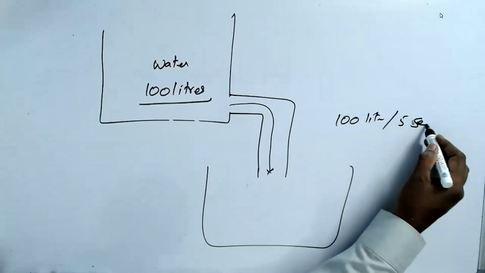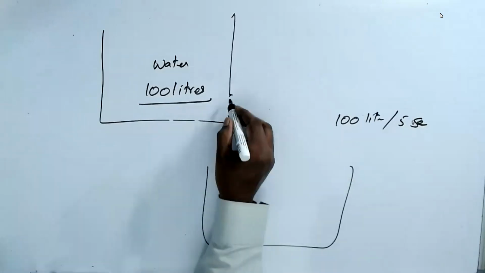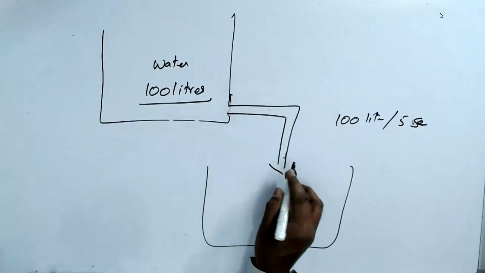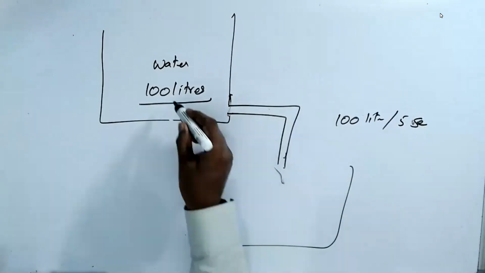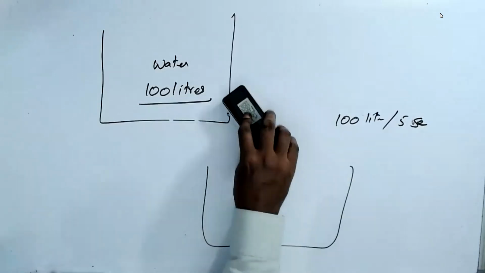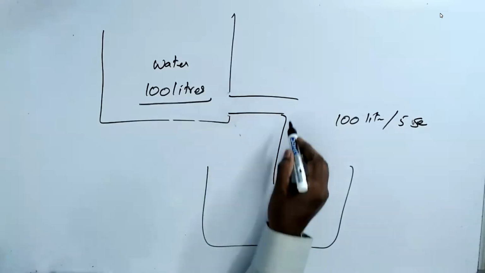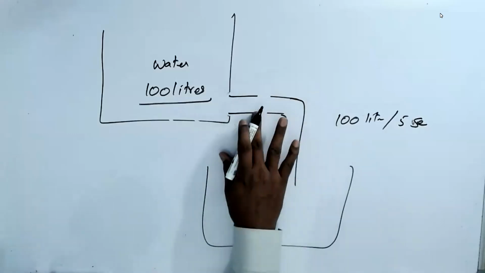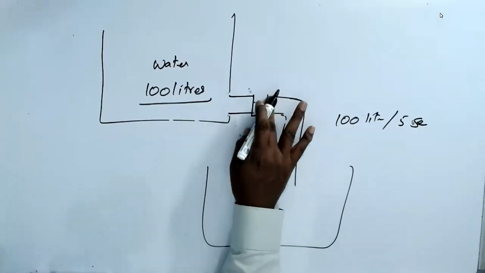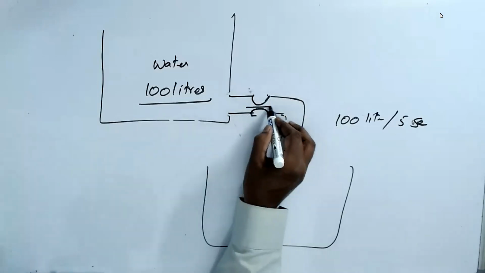If I make the pipe smaller, then the water comes down slower. But in between, I have a control where I can make the flow little flow or more flow.